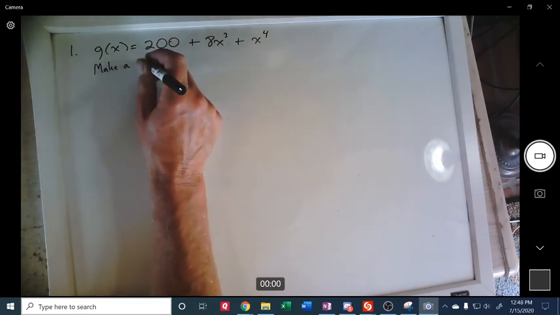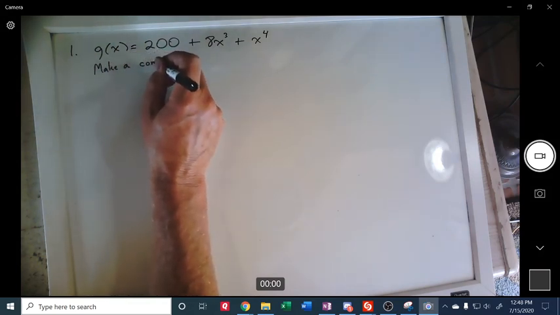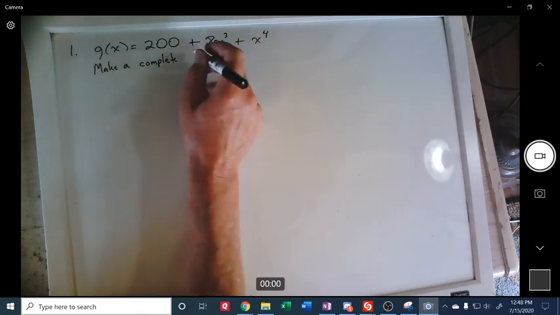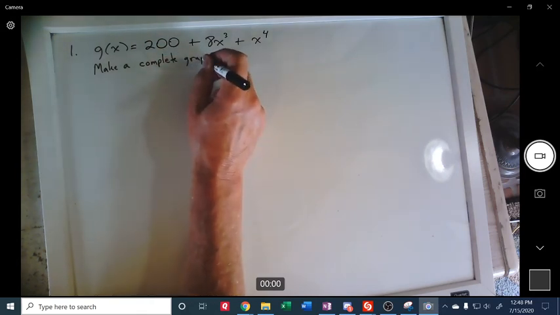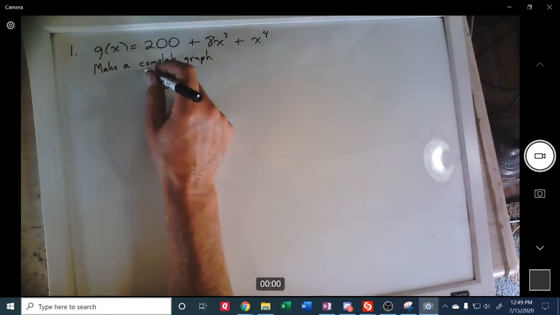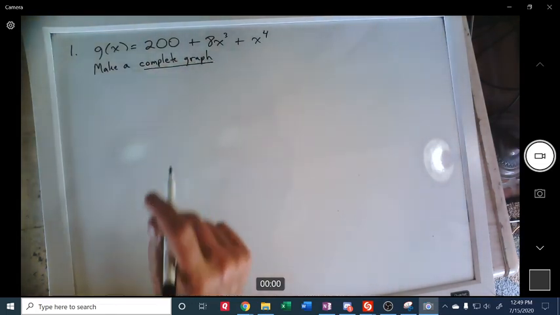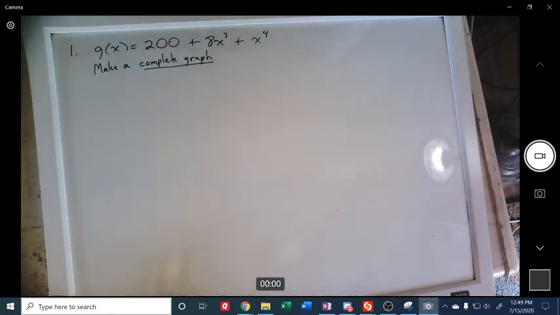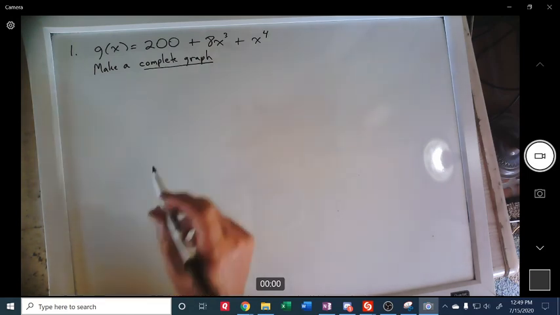Make a complete graph. To make a complete graph, you're going to need the following elements.